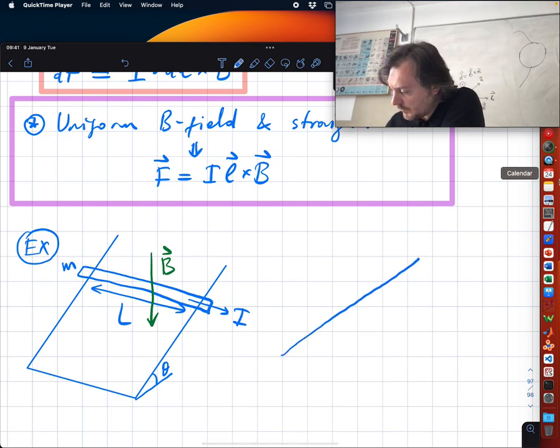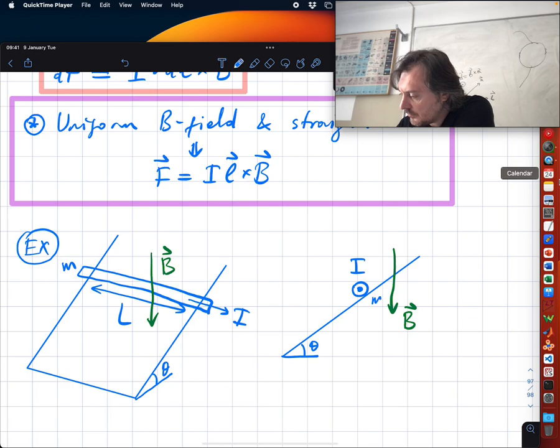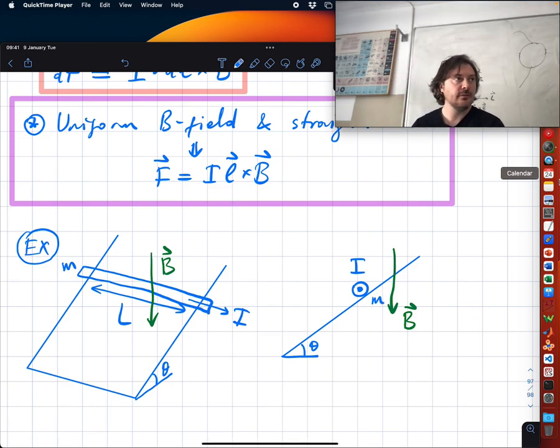Let me just draw it one more time and I will tell you. So this is the inclined plane and there is a current coming out, right? There is a magnetic field pointing down. And this wire is at equilibrium. If it's at equilibrium, then what is the current in terms of everything else, like in terms of B, in terms of L, in terms of mass, etc.? So first of all, is there gravity?